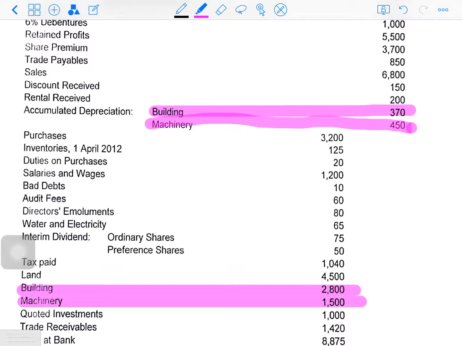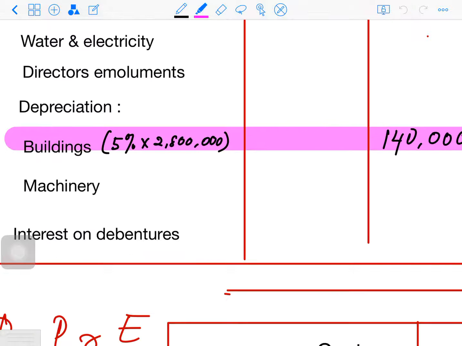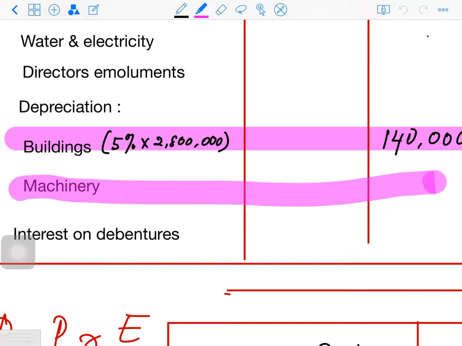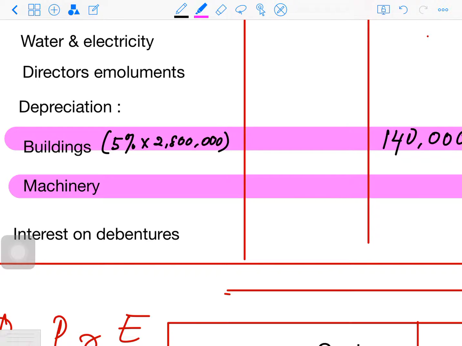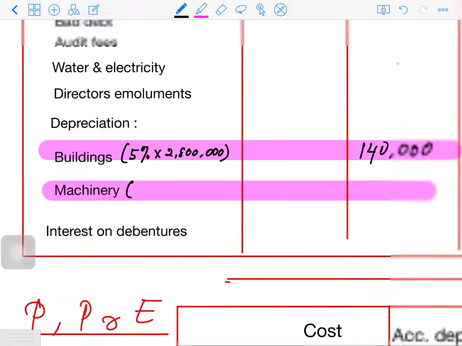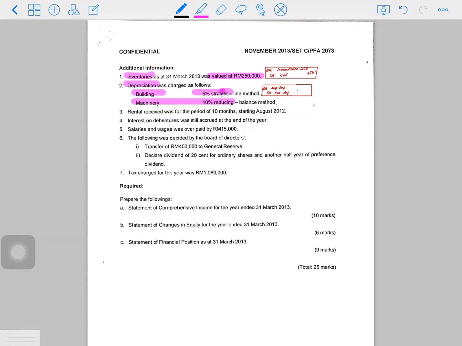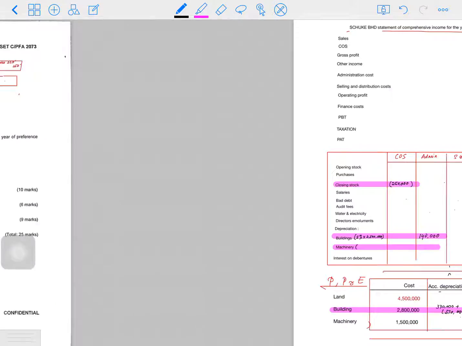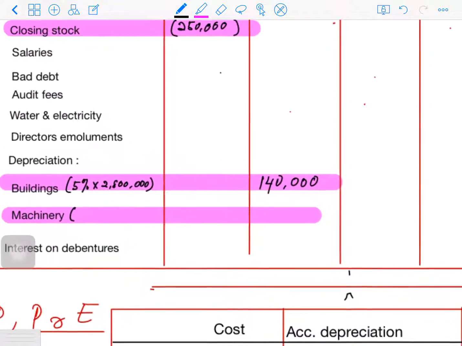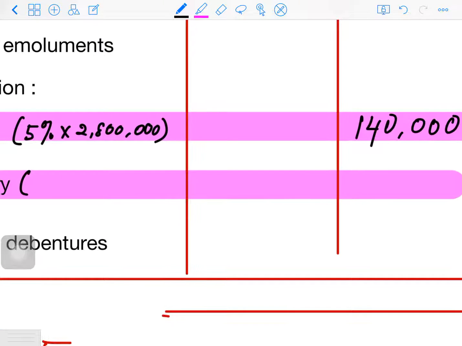So machinery here. How much is the percentage again? The percentage is 10%. 10% of 1,500,000 minus 450.